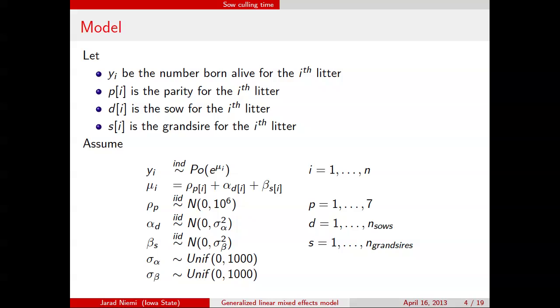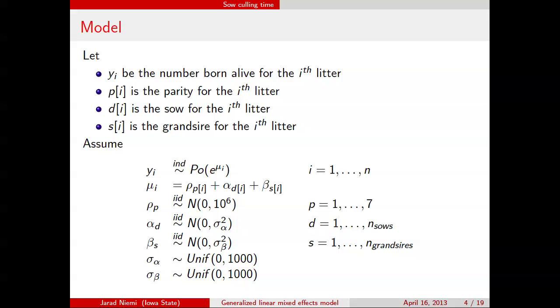Okay. Other questions? Okay, so the question was phrased here about predicting the random effects.